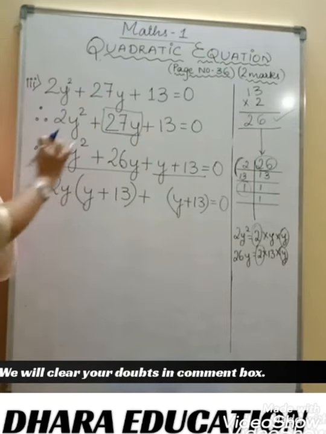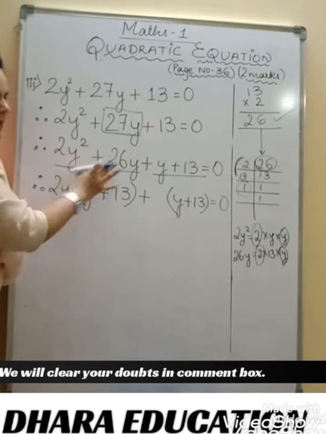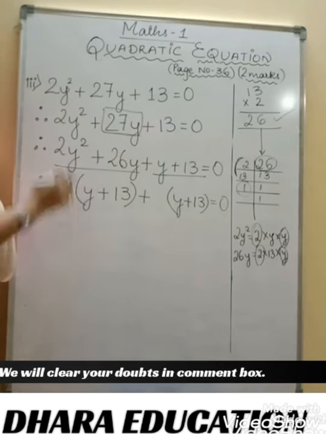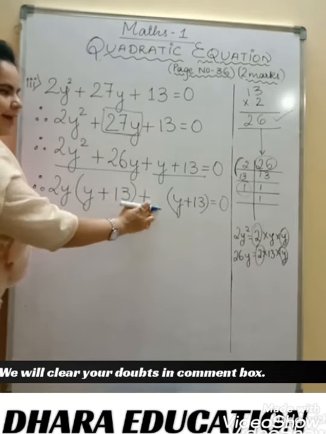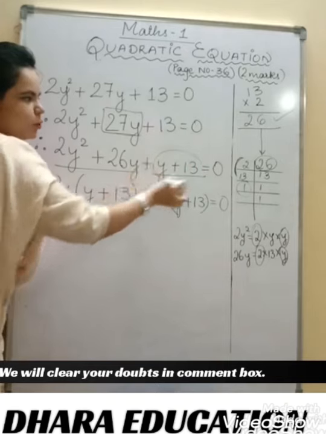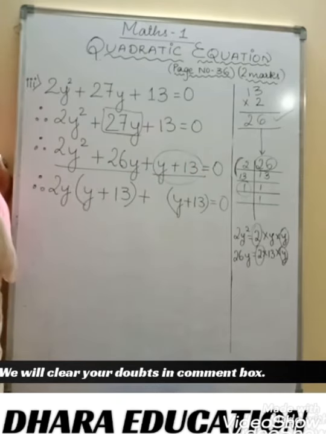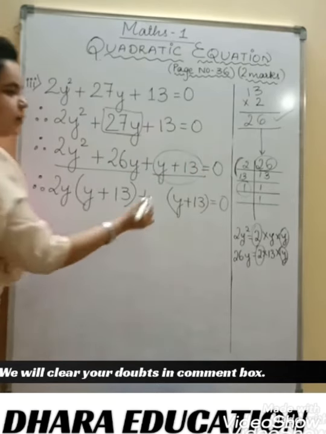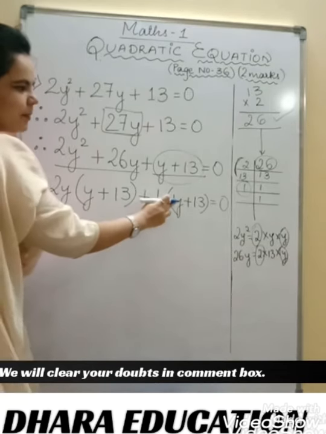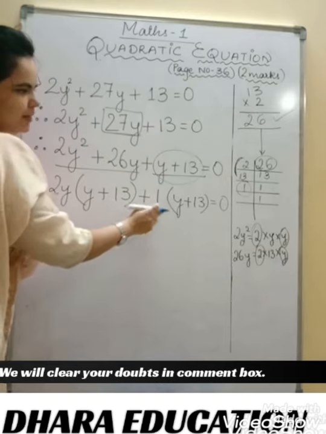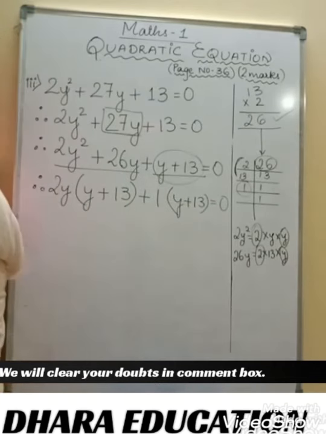What do I have to write here? Just look at the figures. What number should I put here so that it fulfills this particular pairing? It will be exactly 1. So 1 multiplied by y gives you y, and 1 multiplied by 13 gives you 13.